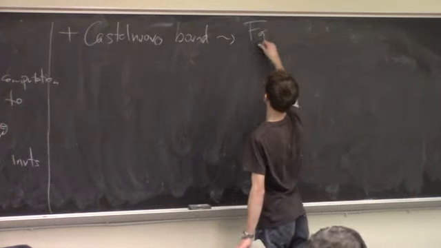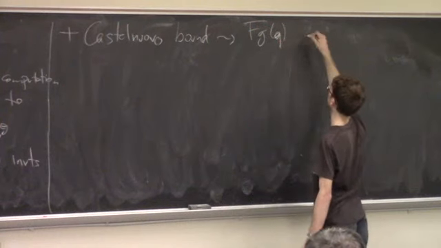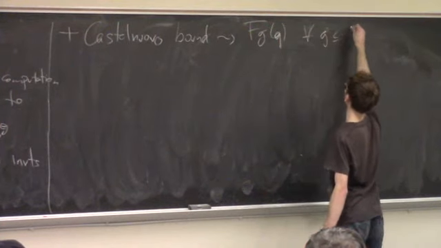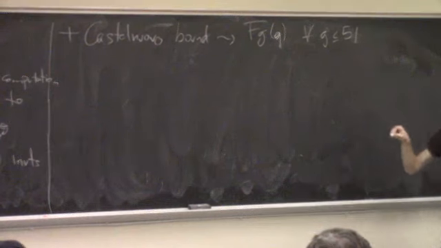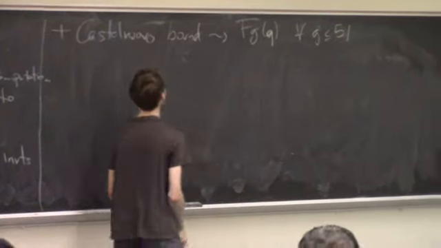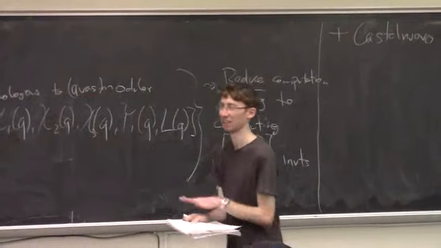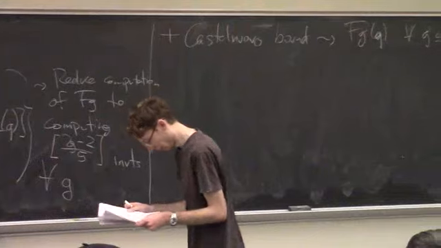You can compute Fg. You can compute all degree invariants. And for all g less than or equal to 51. It's very large. And that's kind of impressive, but okay, we're not there yet.